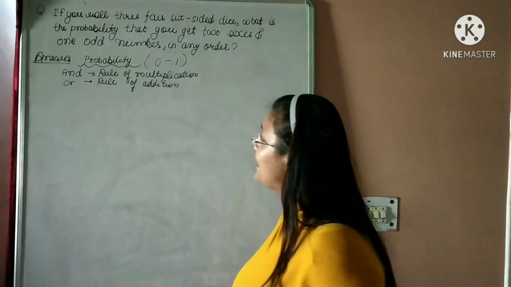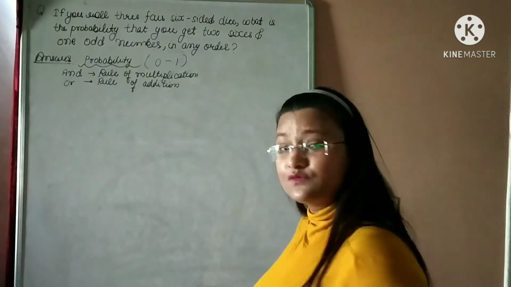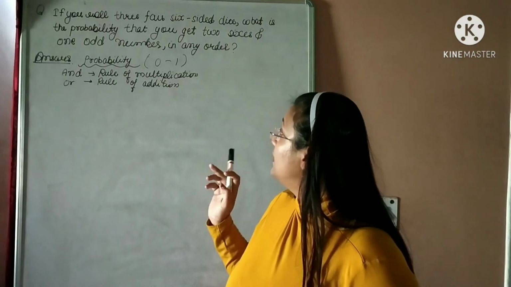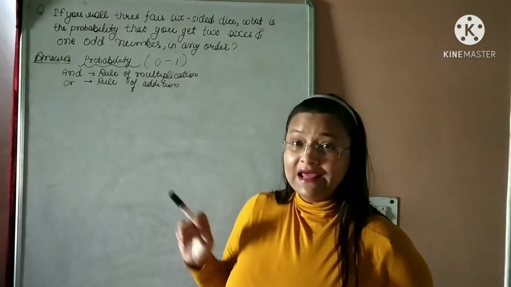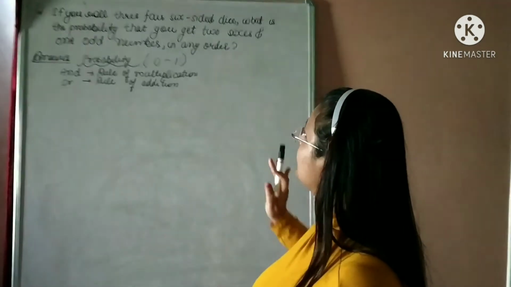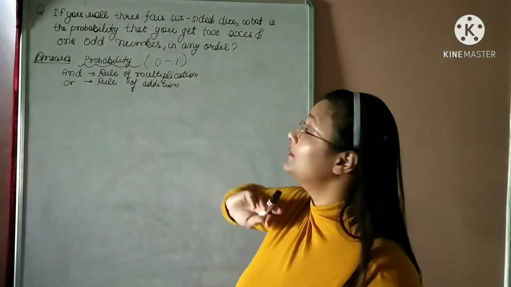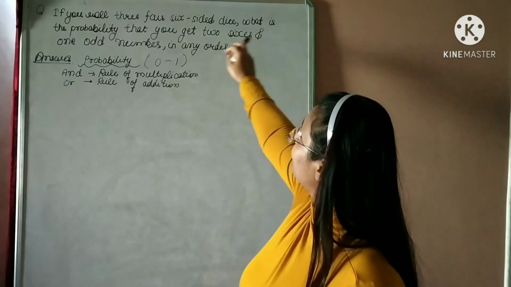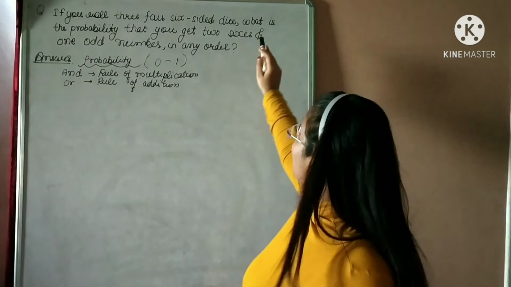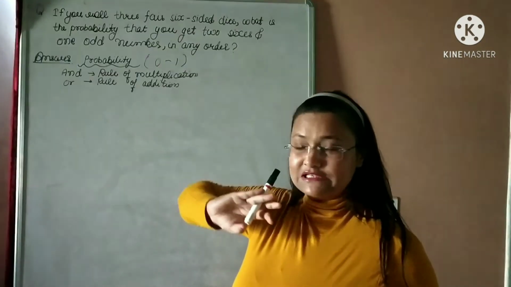The rule of multiplication is applied when the question has words like AND, and the rule of addition is applied when they mention either/or. In this question they are asking for 2 sixes and 1 odd number, so we will use the rule of multiplication.